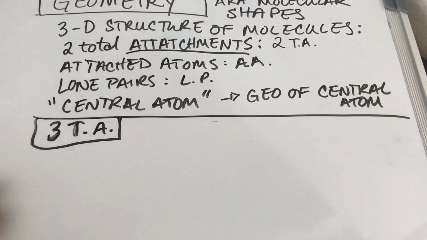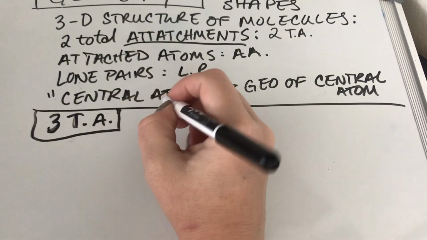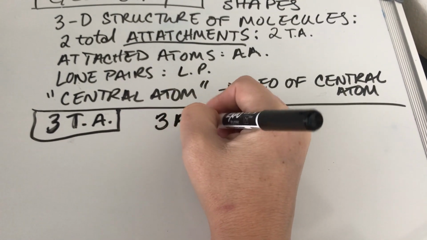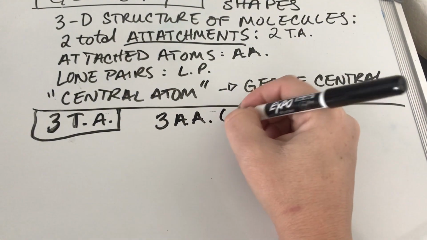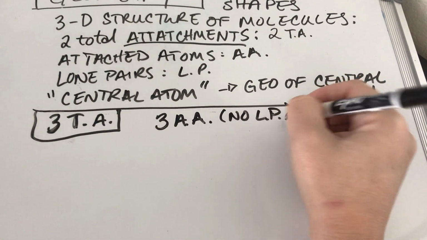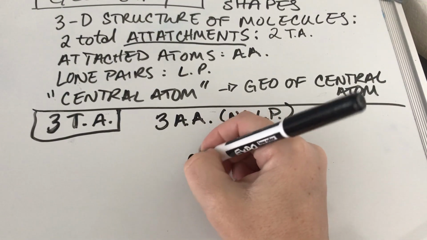So, for 3 total attachments, the first possibility is that we have 3 attached atoms, right? Meaning no lone pairs. So, what this looks like.